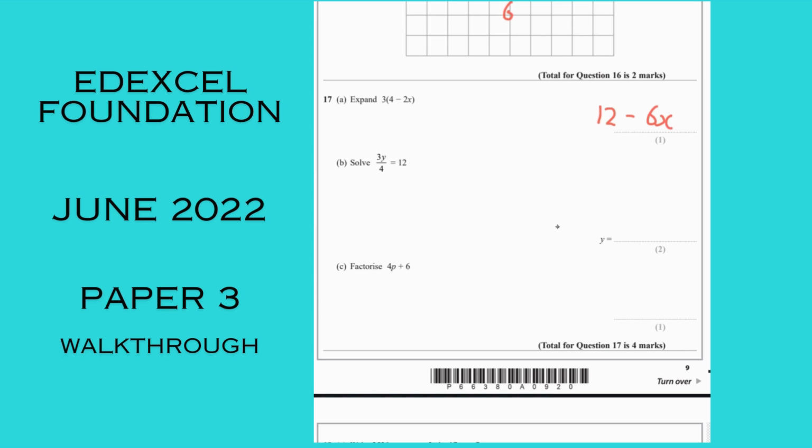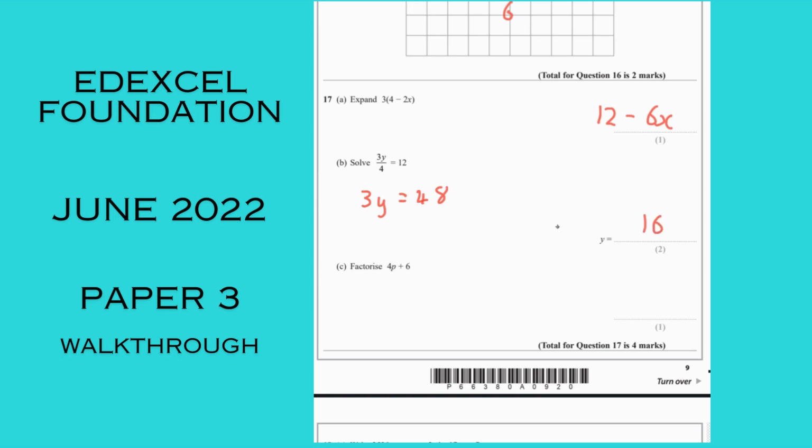And how do you get rid of things in fractions? By doing the opposite. So multiply both sides by 4. And then again do opposites, divide both sides by 3. Calculator if you need to.